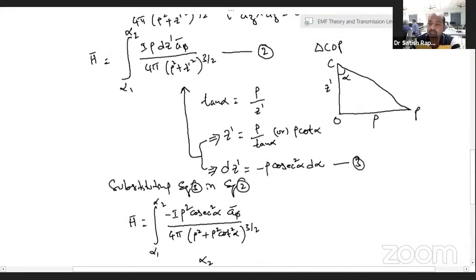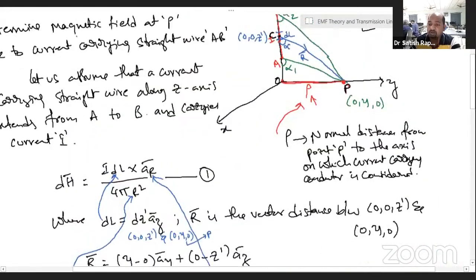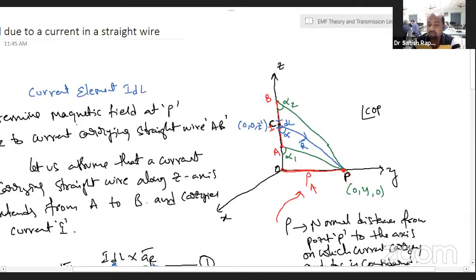Is it clear? So alpha 1 is the angle between the axis, right? So the z axis and a line joining the lower end.